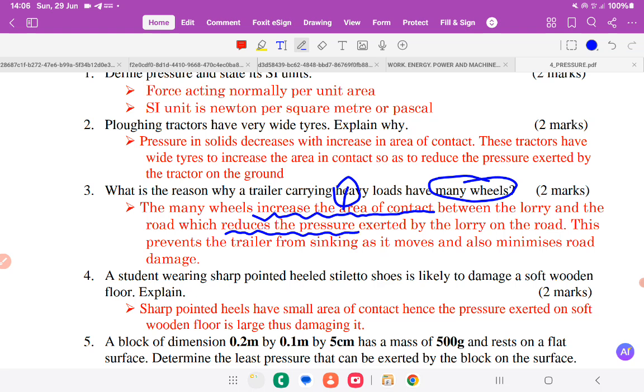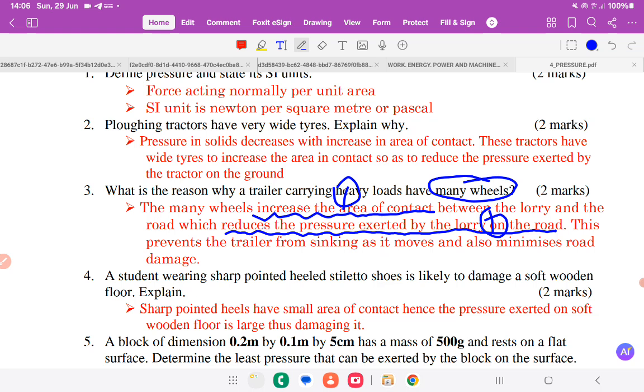Another one mark is reducing pressure exerted by the lorry on the road. You mentioned these 2, you already have 2 marks. The other statements are just trying to augment or to support this response that you have given.